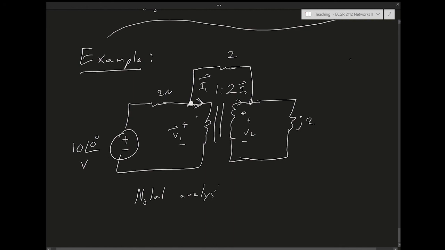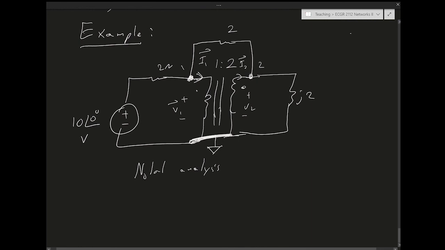One extra thing is that the lower terminals of the transformer are shorted together like this. So this is a circuit with three nodes. It's easy to apply nodal analysis. We have the reference node here, and this is node 1 and node 2.